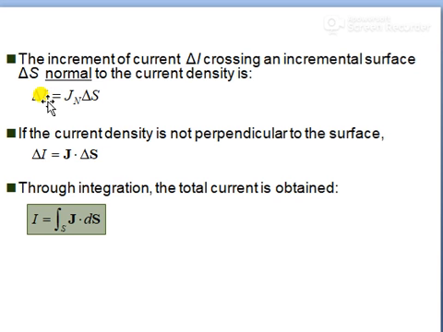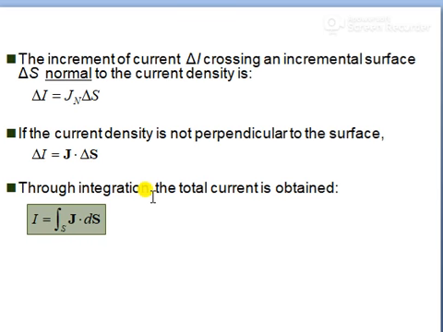By considering the incremental surface, we get the incremental current delta I equal to Jn delta S, that is normal to the surface, and if the current density is not perpendicular to the surface then we get directly delta I is equal to J dot delta S.